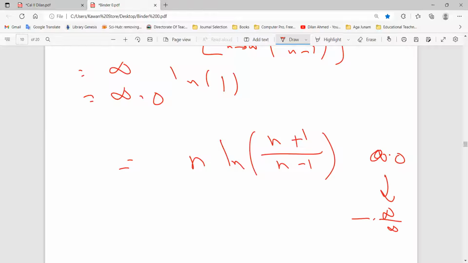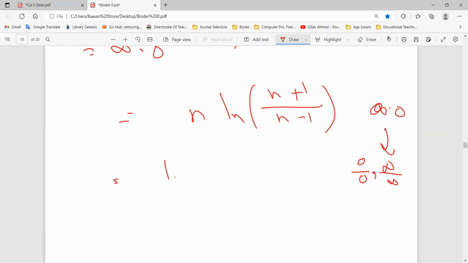We bring 1 over n down, so it is equal to ln ((n plus 1) over (n minus 1)) over 1 over n. We had an example on sine, you remember? Sine of 1 over x. We changed it like that. Now you know why we bring that one.